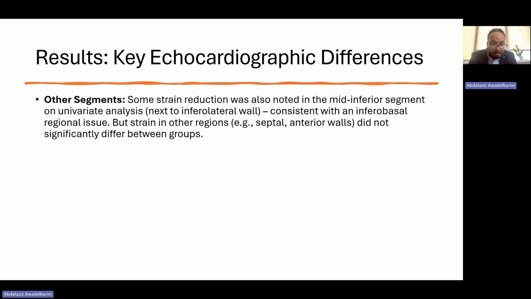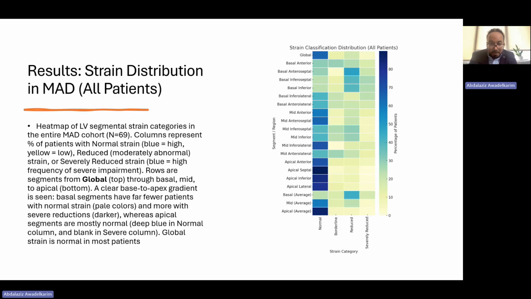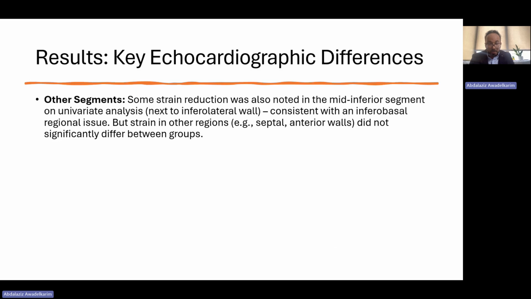A big finding is that people who tend to have arrhythmia and MAD have worse basal strain than people who don't, and usually the apex is preserved in those people, which we call a strain gradient gap.